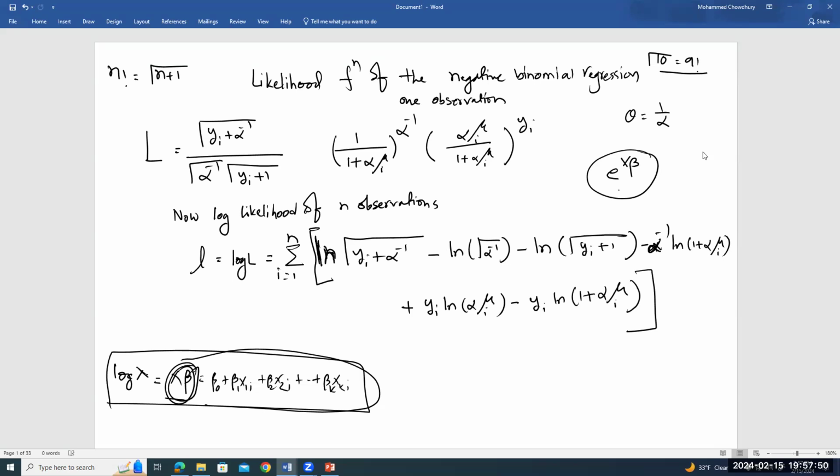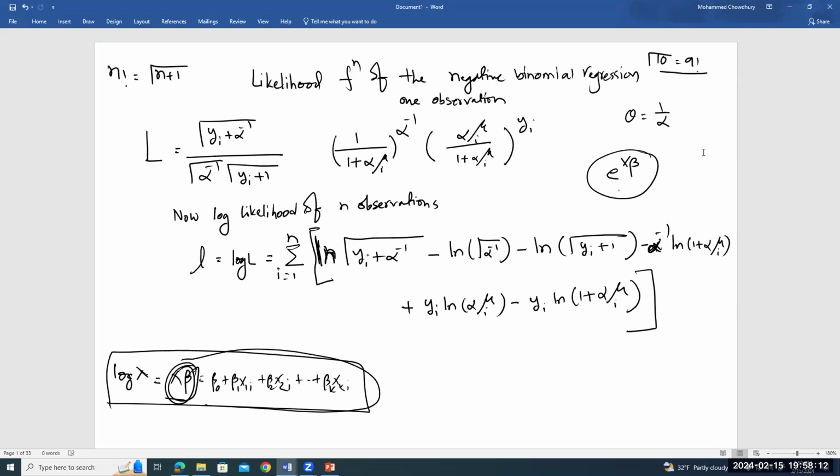In this case, where is my mean parameter? Mu, right? So where should I put e to the power x beta? Because we are predicting on average, right?